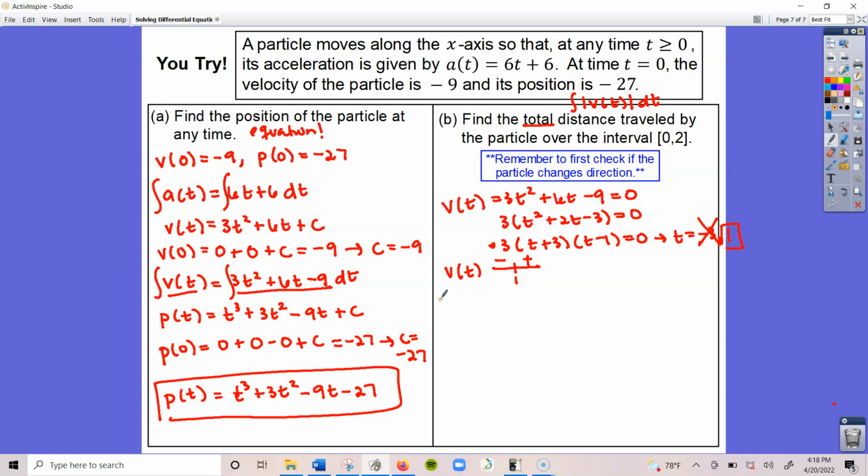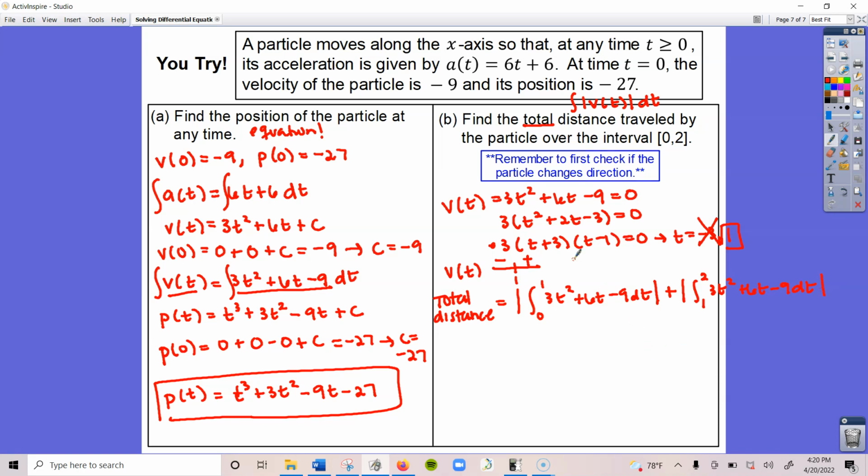That means to get total distance, we are going to get the absolute value of the integral from 0 to 1 of my velocity function, which is this one up here, 3t squared plus 6t minus 9 dt, plus the absolute value of the integral from 1 to where the interval ends, which is 2, of 3t squared plus 6t minus 9 dt.